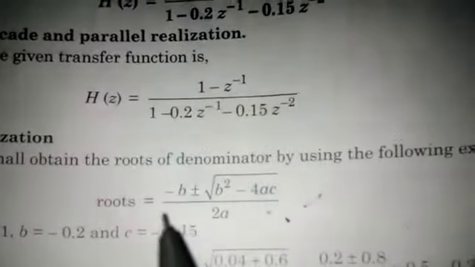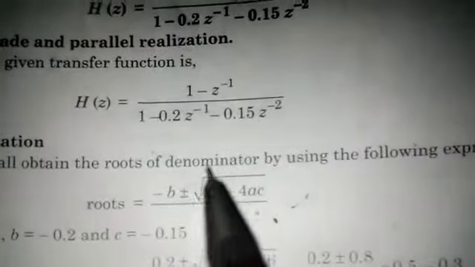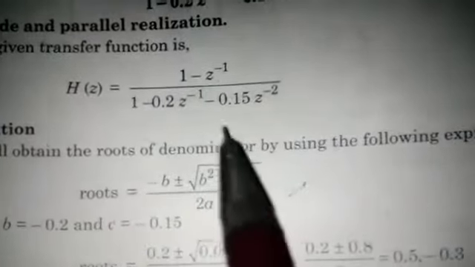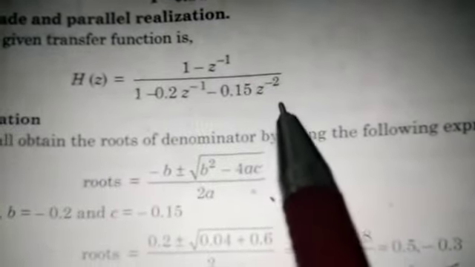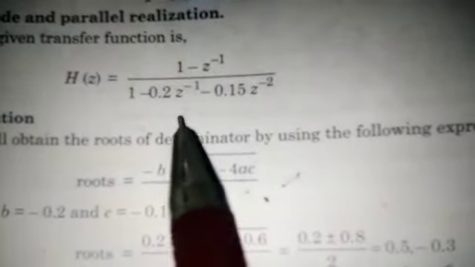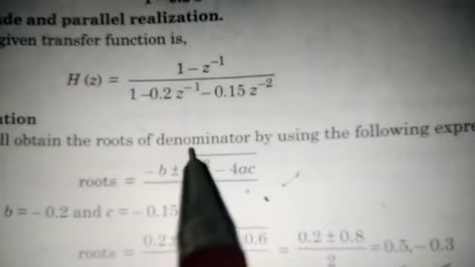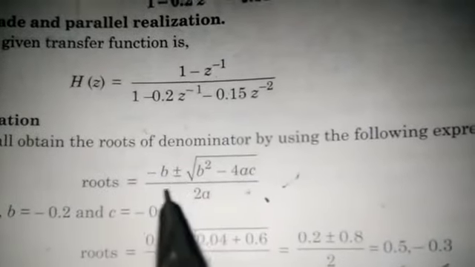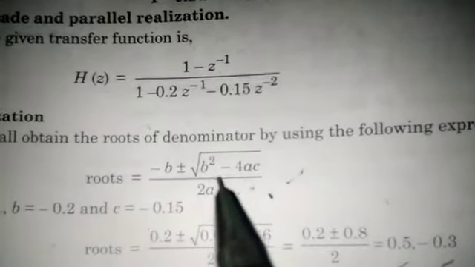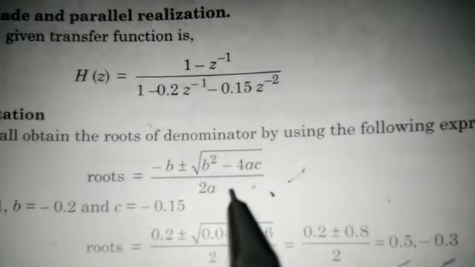So what we will do, the denominator can be factorized with the help of the polynomial equation ax square plus bx plus c is equal to 0. Then its roots x1 and x2 are minus b plus or minus square root of b square minus 4ac upon 2a.